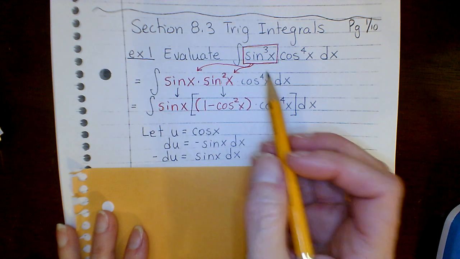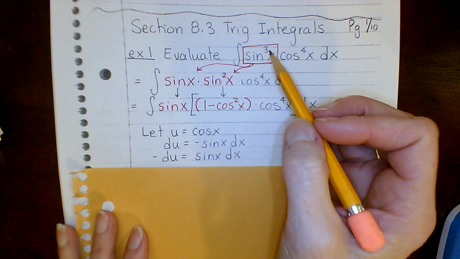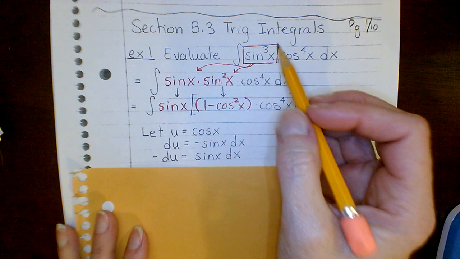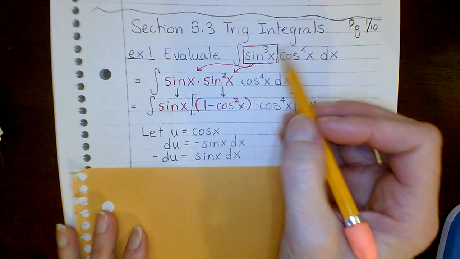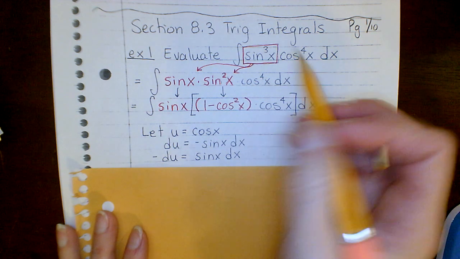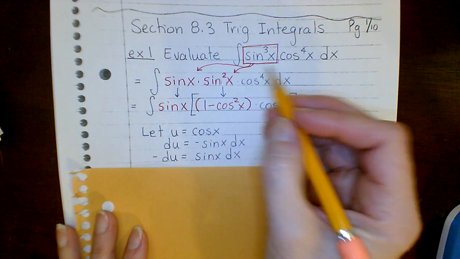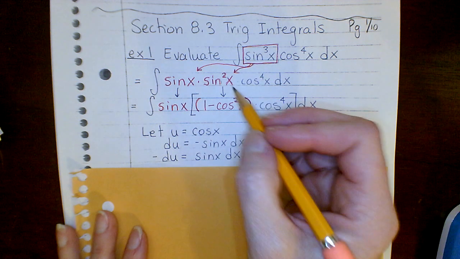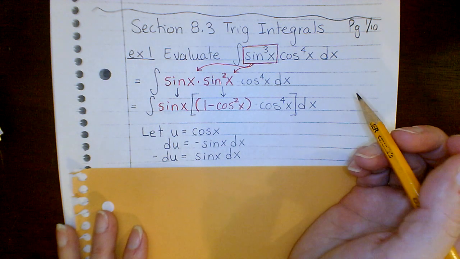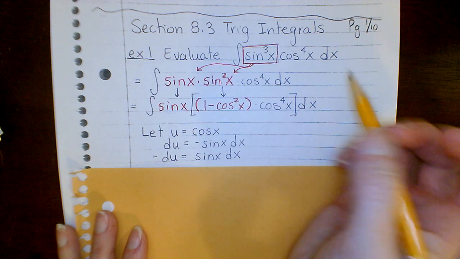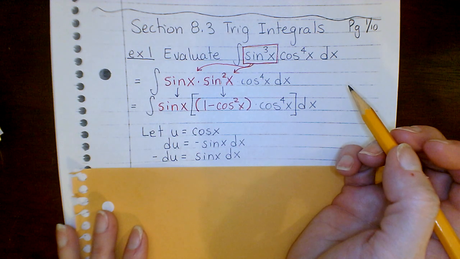So the whole idea behind this, and I will state this on the next page, is that when you have integrals involving sine and cosine, if you have an odd power, you put one aside for your du, and then the other one you can use either a Pythagorean identity or, if necessary, a power reducing formula. But the Pythagorean identities are a lot nicer to use if you can use those.